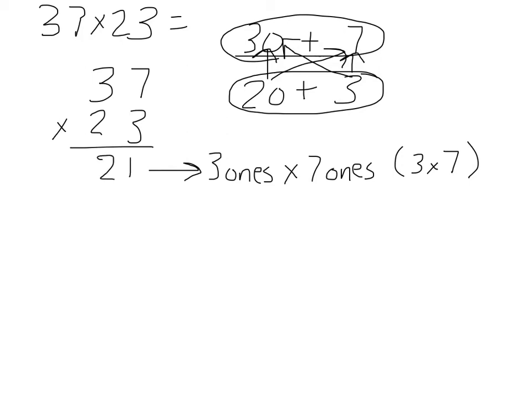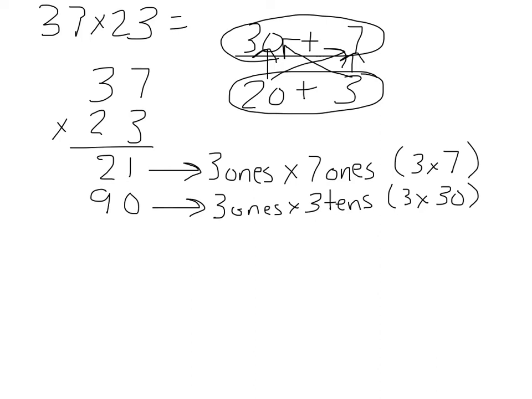The next thing I would do is I'd multiply 3 ones times 3 tens, which would be 3 times 30. And that would be 90.